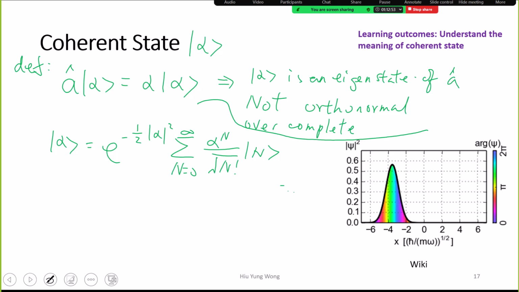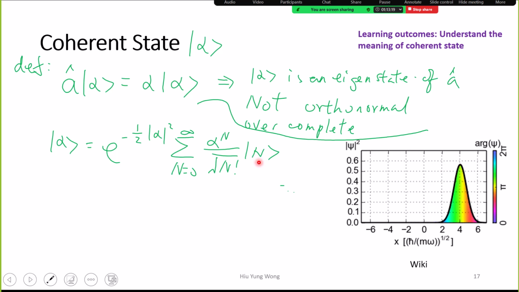What do you see? Maybe someone describe to me. How do you form the coherent state based on this equation? First, it is what? It's a linear combination of what? Very good. It is the linear combination of all the number states, right?